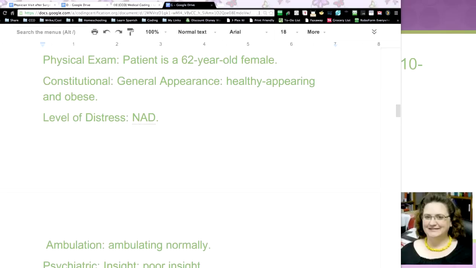So we can code that the person's obese, but it would be nicer to do the BMI. So they can get around normally. And then the psychiatric, if a patient has problems down there at the bottom, you can sometimes pull some codes for psychiatric, especially for geriatric patients. Okay, scrolling down just a little bit more.